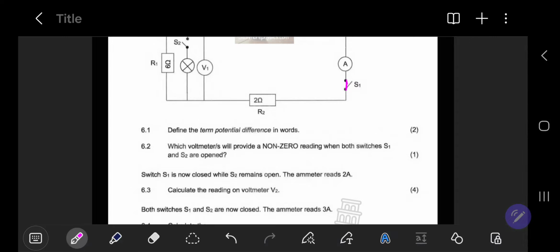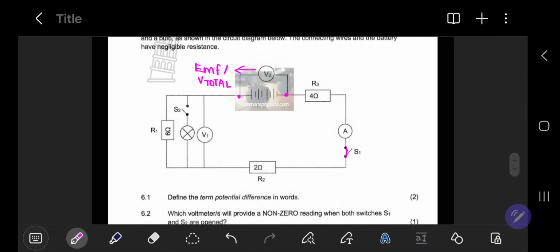And an extremely important thing that I've just mentioned before is that when the switch is opened, it is as if the resistor next to it is not part of the circuit. The reason being is because this causes a break in that wire. So current cannot pass through that point to go through the light bulb.